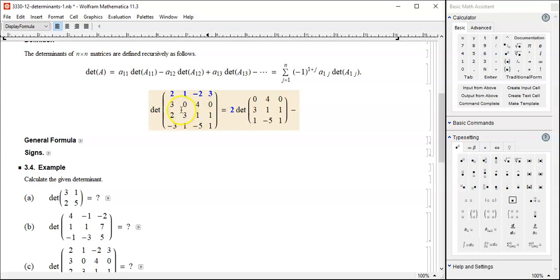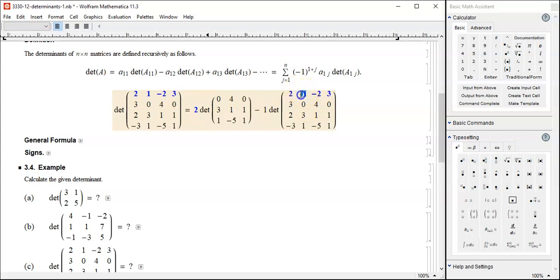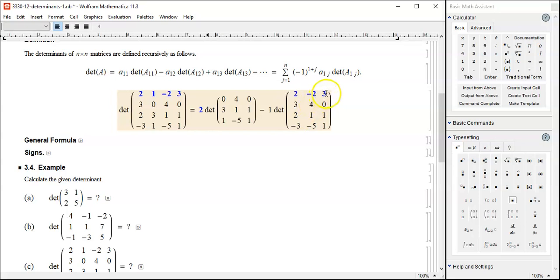Minus A12, so this second entry, 1, determinant. Now we are using this one, right? 1. So second column out. First row out. And what's left is the deleted matrix that I'm looking for.